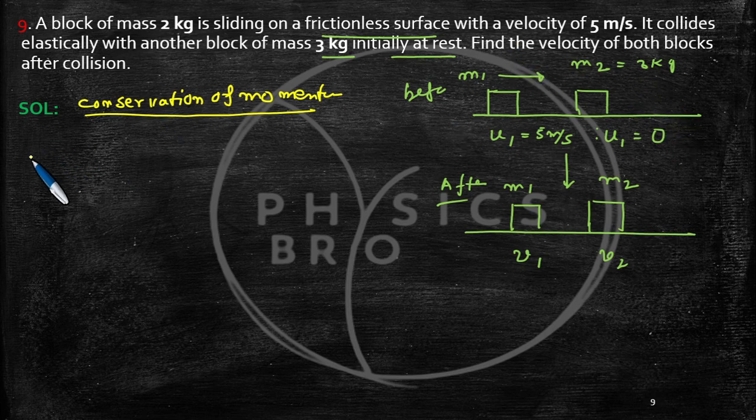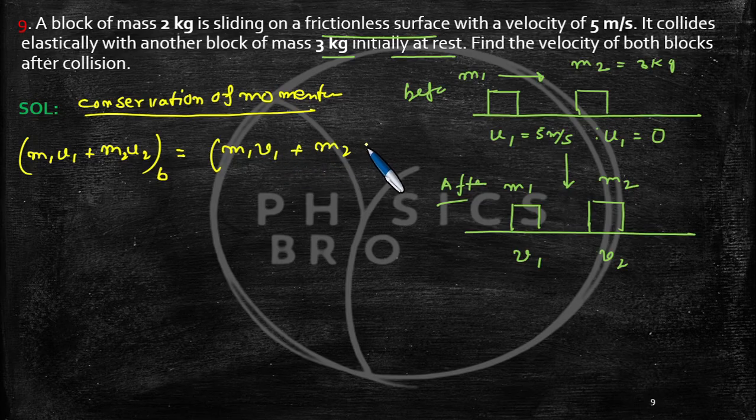Before collision, that is m1 u1 plus m2 u2, which equals m1 v1 plus m2 v2.